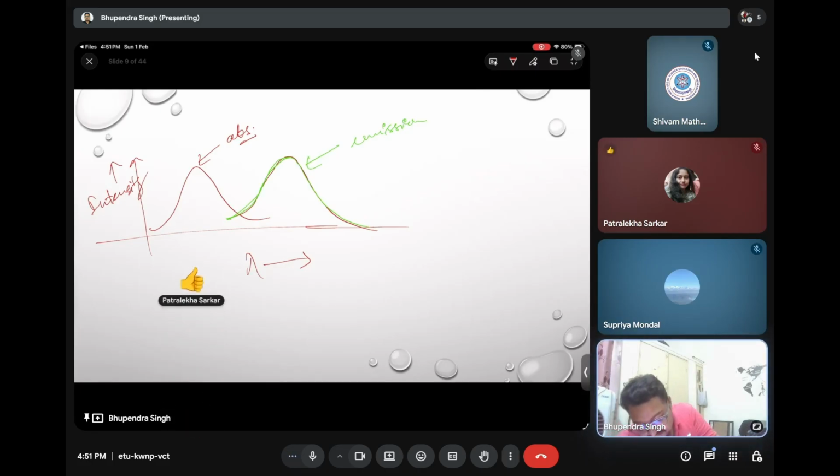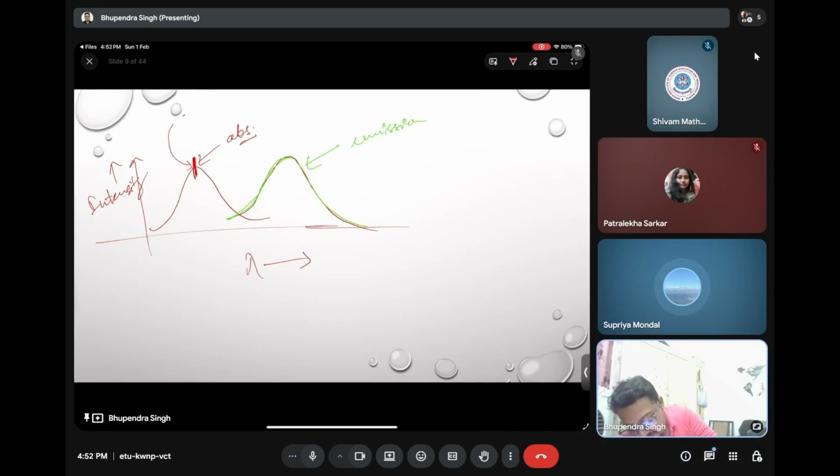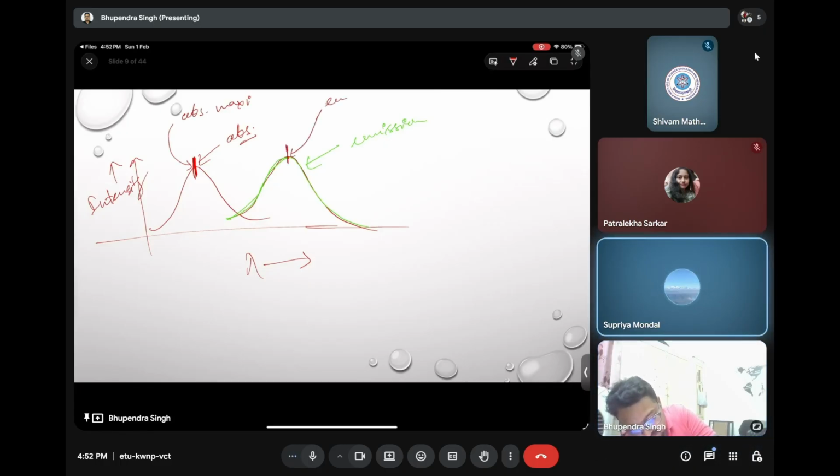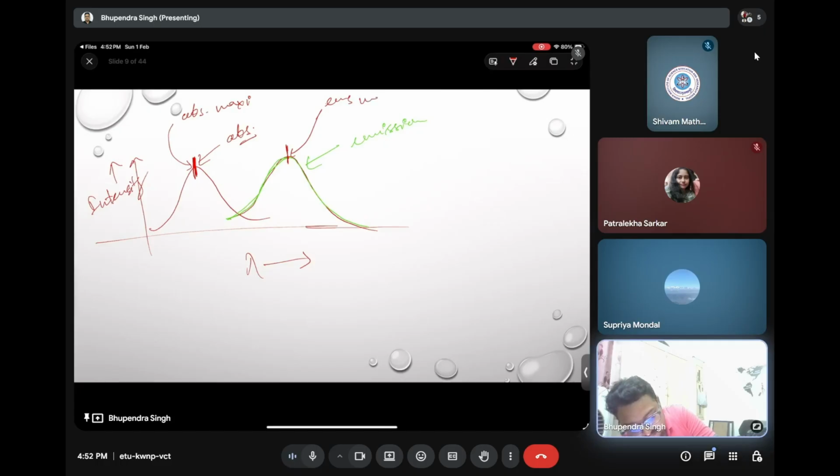So the difference between this is your, yes, absorption maxima. This is your, yes, emission maxima.